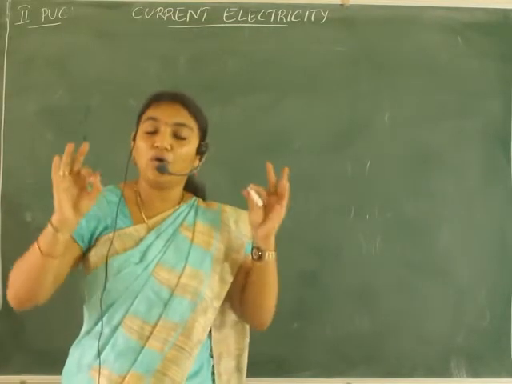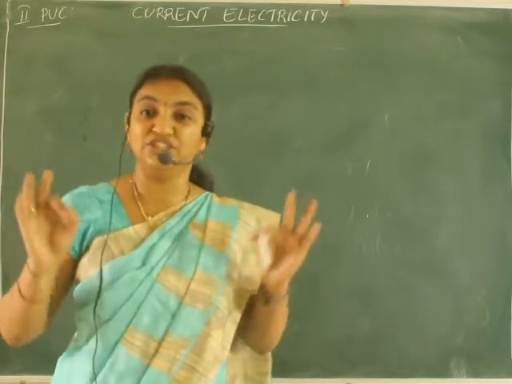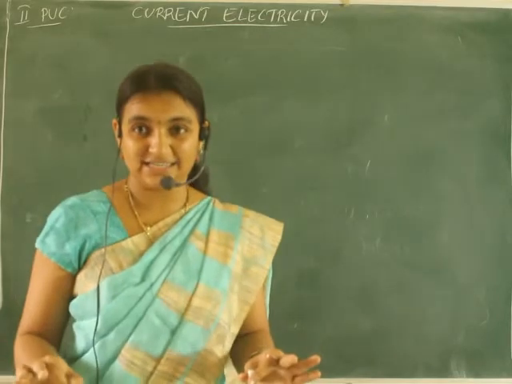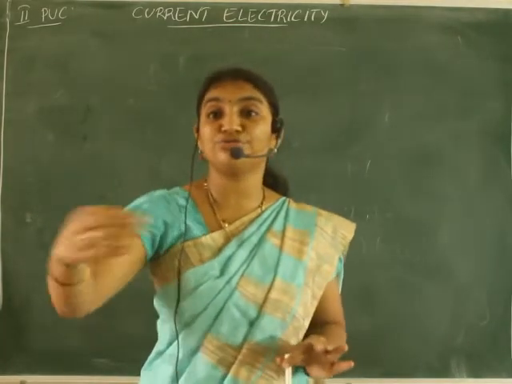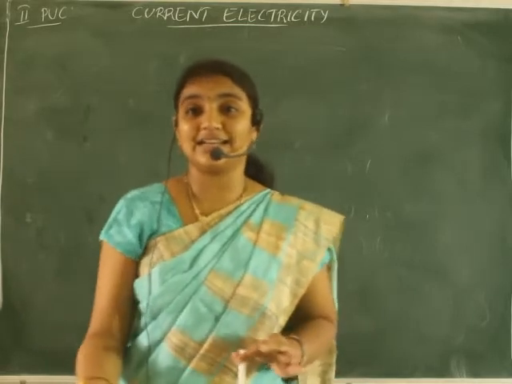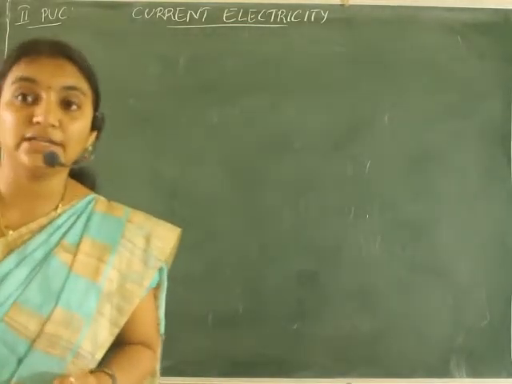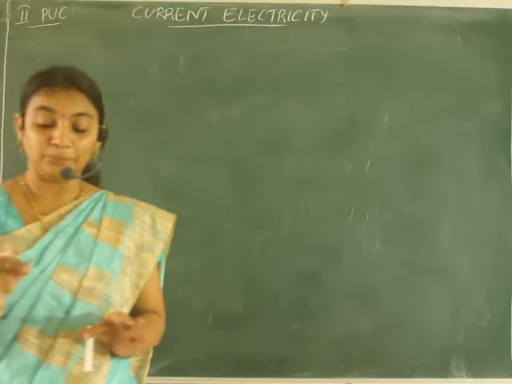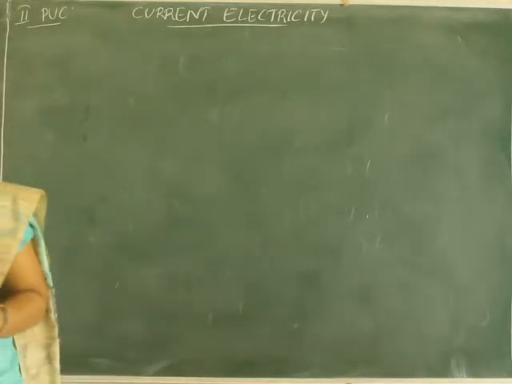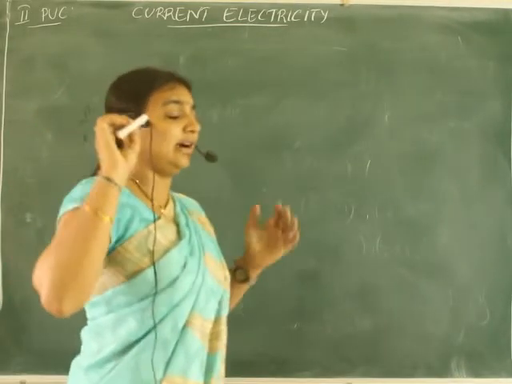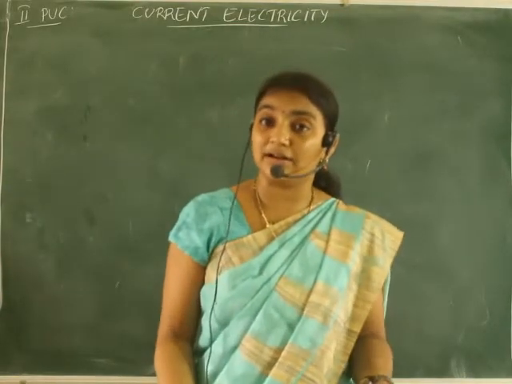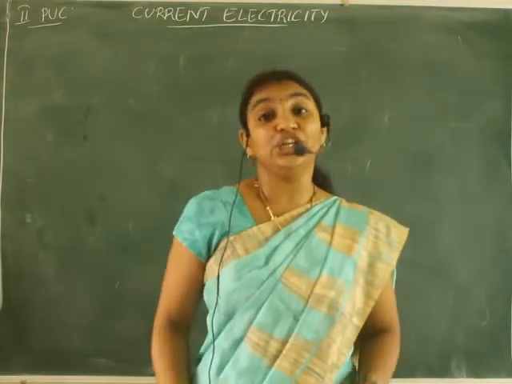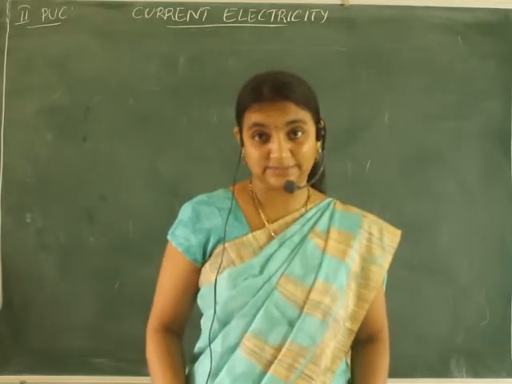Yes, all the equipment will have its own resistance. We don't want external resistance. These external resistances are used to increase the resistance, that is, to increase the opposition. So every conductor, insulator or semiconductor has its own resistance.